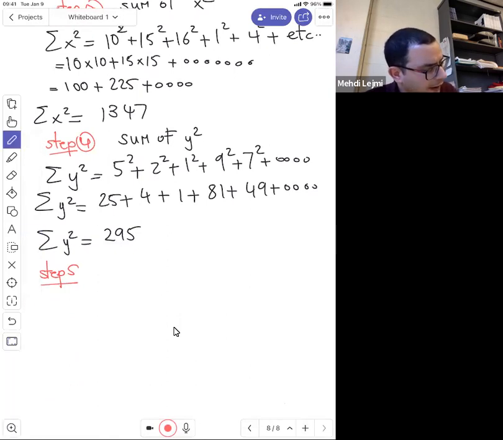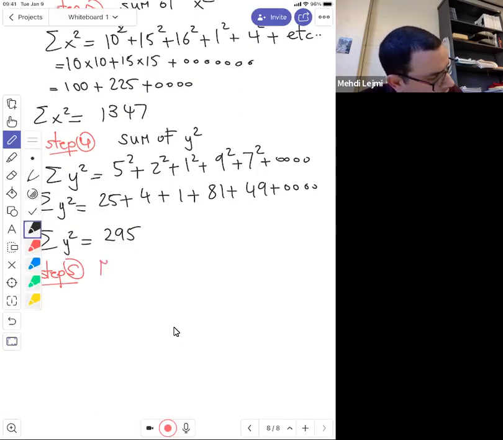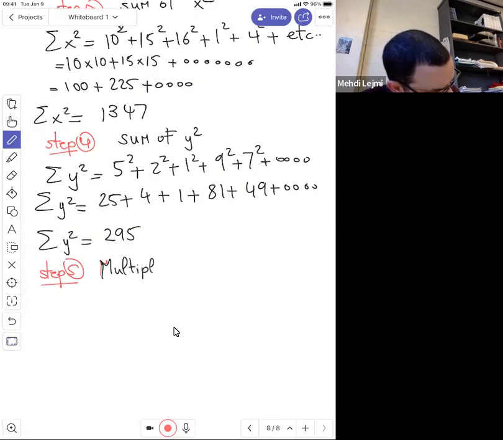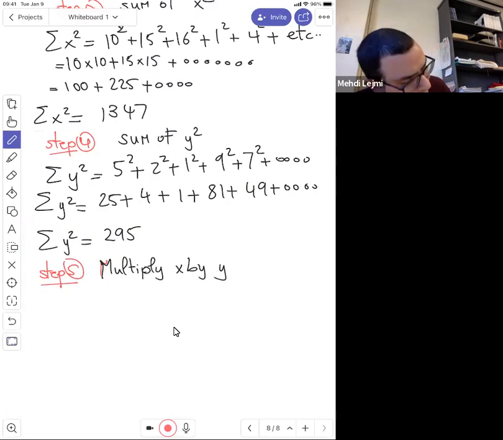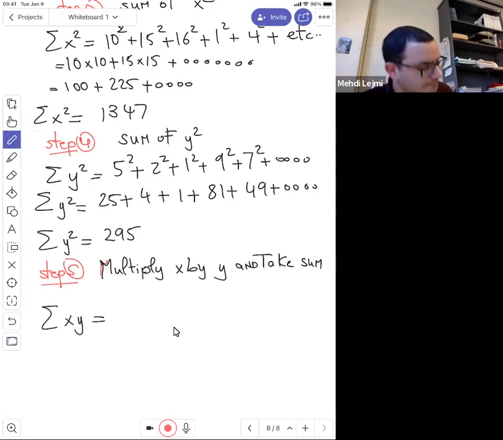Anyway, so step 5, you need to multiply x by y and take the sum. So that's the sum of x times y.